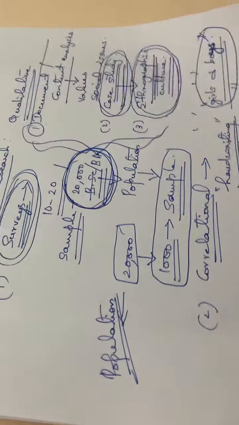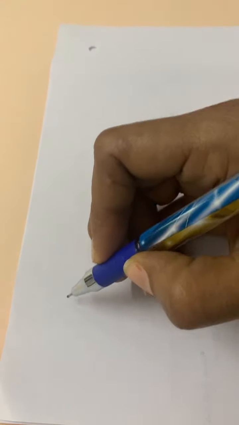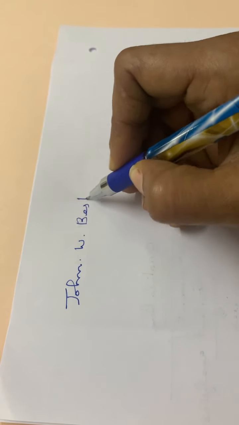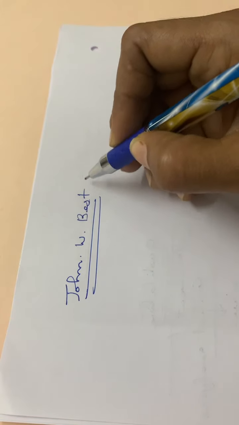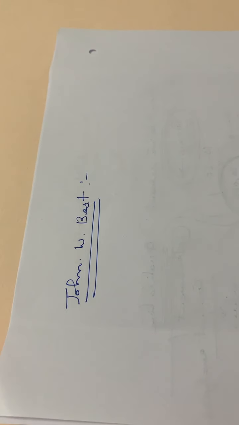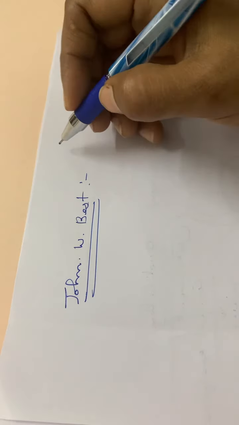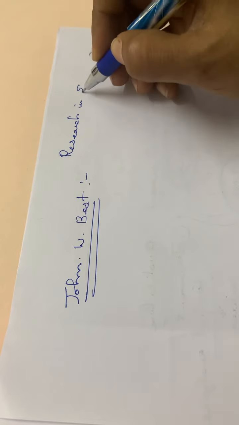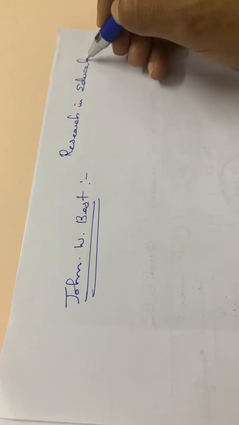And also there is a definition for this experimental research by a famous educational researcher, John W. Best. For studying this research methodology, his book is also available, named Research in Education. It is a very nice book for you to follow for studying this research methodology.